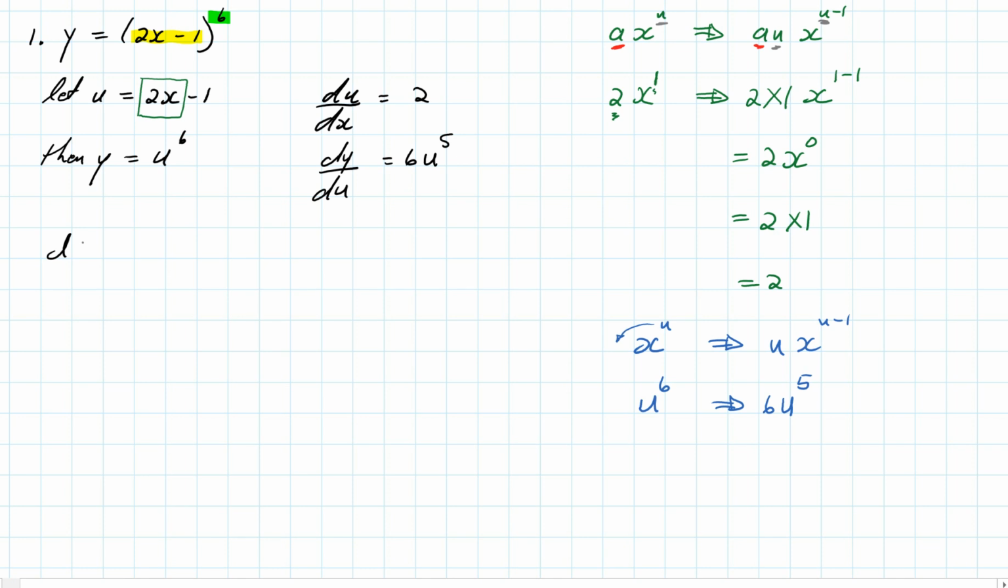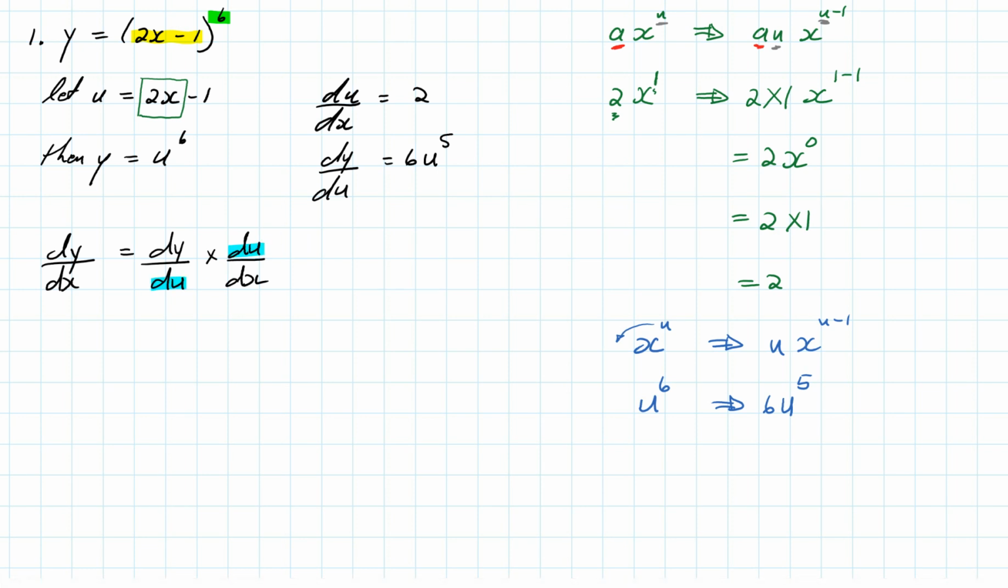And the rule says, if you look on page 65 in your workbook as well, dy dx. That means if we want to take the derivative of this function, we need to multiply dy du by du dx. Inherently this means that this and this basically cancel out, but we're not going to do it.